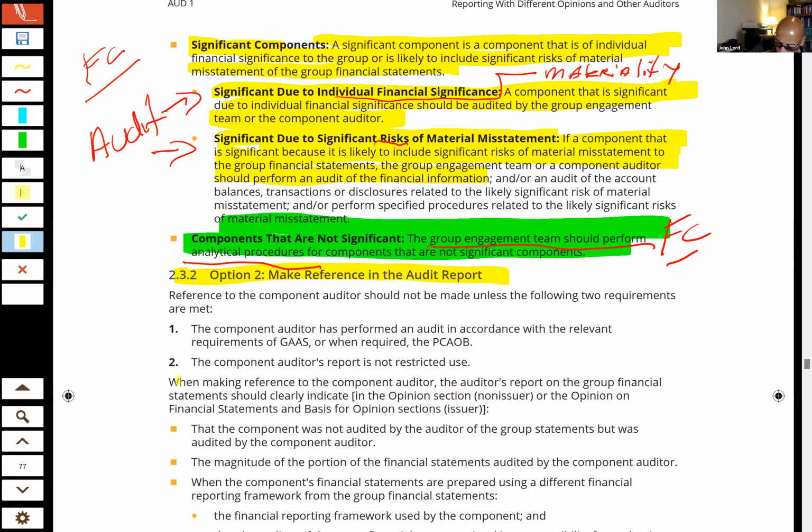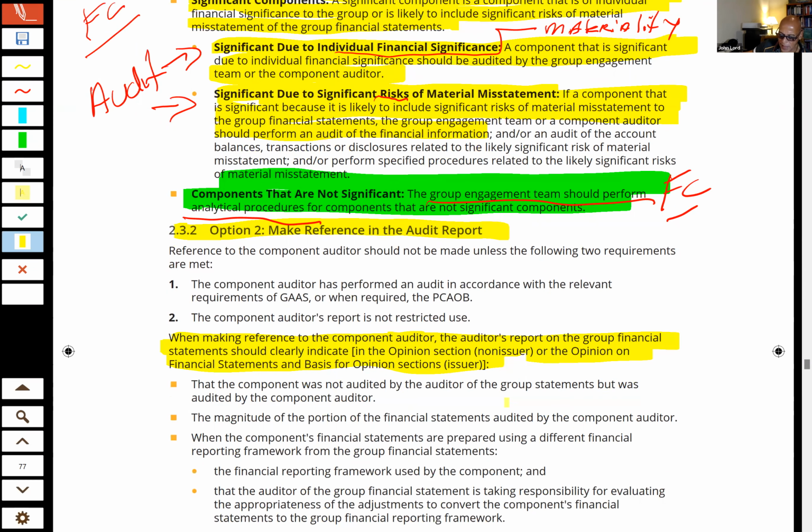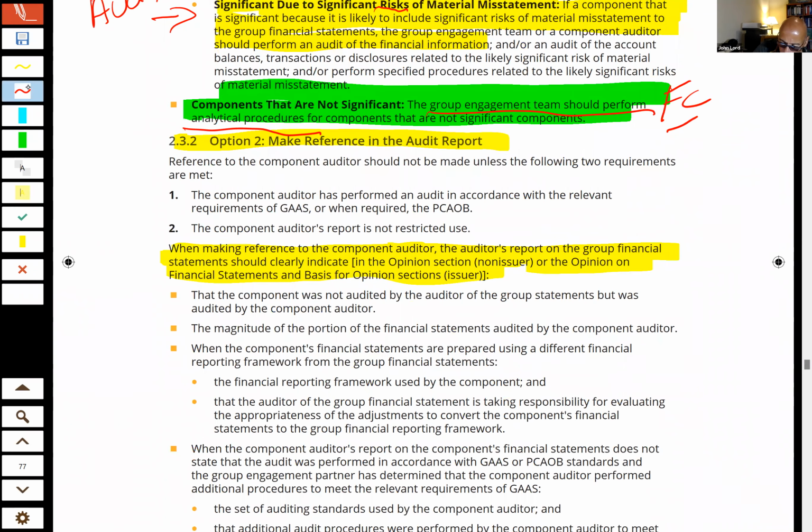Now we say when making reference to the component auditor, the group statement should clearly indicate in the opinion section if we're talking about a non-issuer, or for an issuer, it's in both the opinion and the basis for opinion sections. Now we're dividing the responsibility. And in there, flashcard where it would be presented and what we will say that we have not audited.